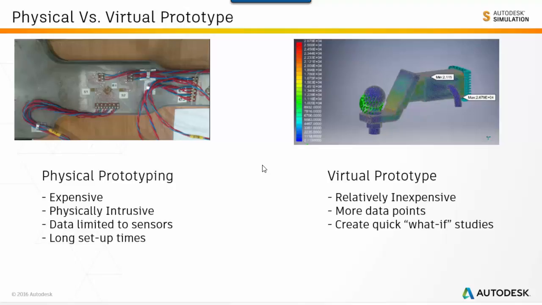But if you think about it, there are also some additional parameters that you might not think of. With physical prototyping, we're limited to data from the specific sensors that we set up inside of our physical model. Now, with a virtual prototype, we can set these up much more quickly than a physical prototype.